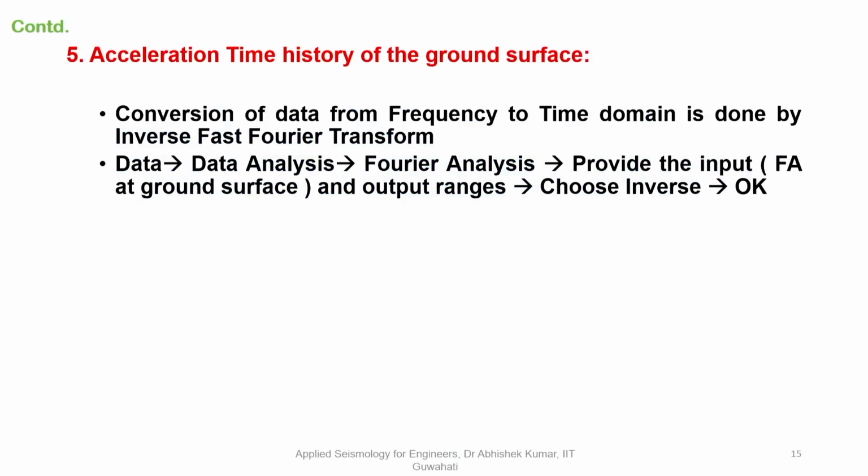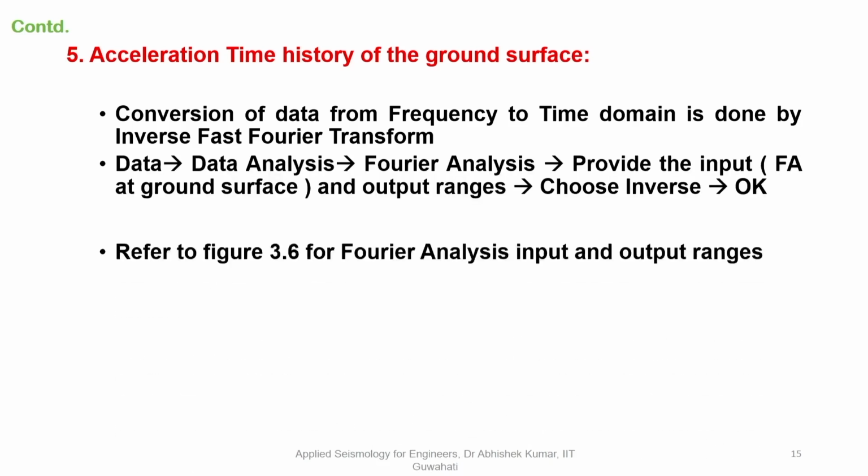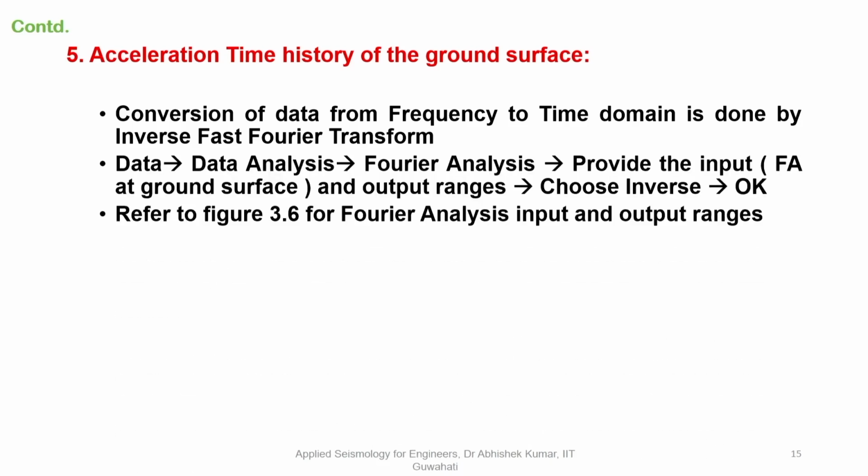You can go to data analysis, and then Fourier analysis. There you can provide the input, that is Fourier amplitude at the ground surface, and choose inverse, which is given in the options there, and press OK. It is going to give you the acceleration time history values.